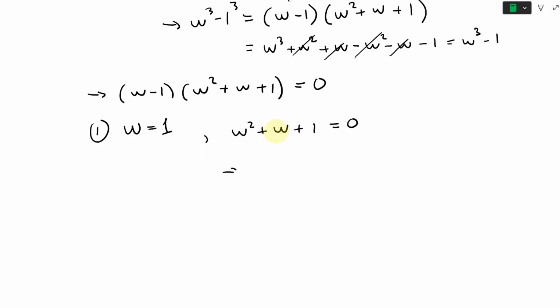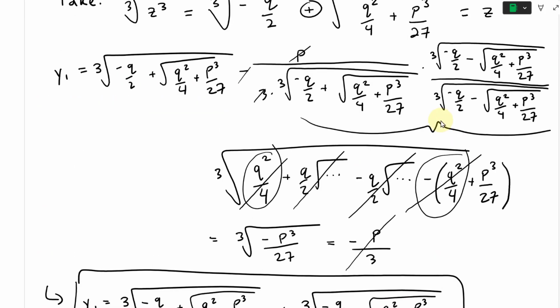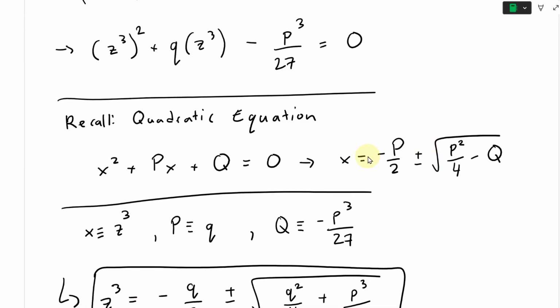So using the quadratic formula, w is equal to negative p, which is 1, over 2, plus or minus the square root of p squared over 4, so 1 squared over 4, minus q, which is 1. Let's go back up here just to get that correct. Yes, negative p over 2, and p and q are both 1 in our case.